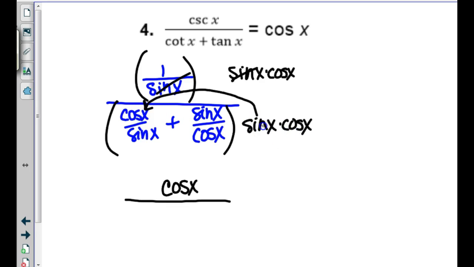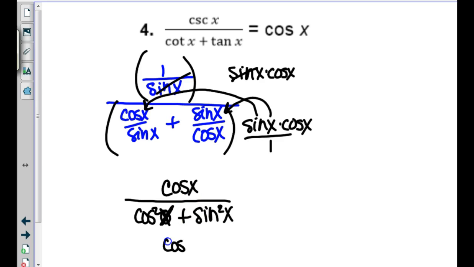Yes, the sines will cancel, and I'll have a cosine times a cosine, which is a cosine squared. Oops. I'm mixing my thetas and my x's, sorry. And then when I do this times this, sine over cosine times sine times cosine, the cosines will cancel because one's on top and one's on the bottom. I get sine squared. And the denominator is all 1, so I just have cosine over 1 or cosine.